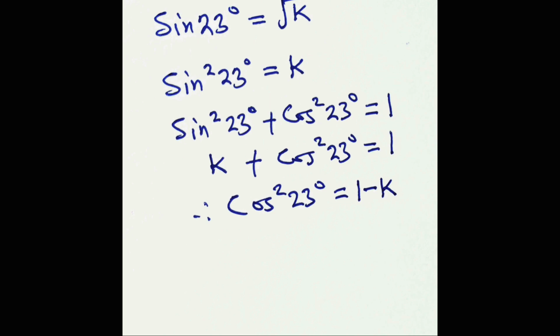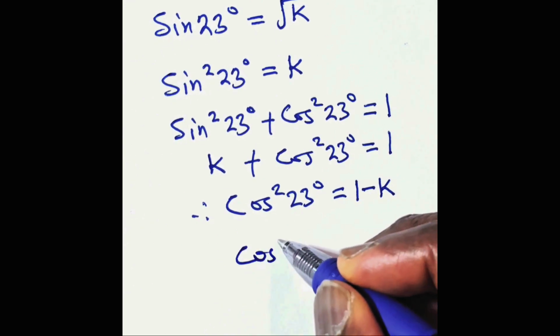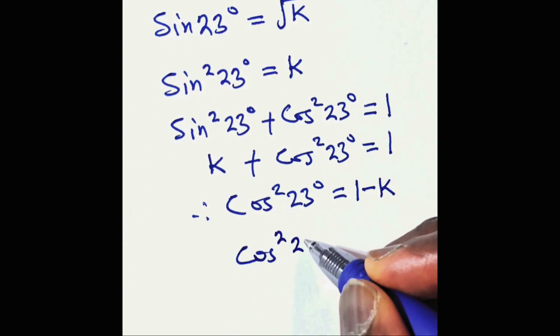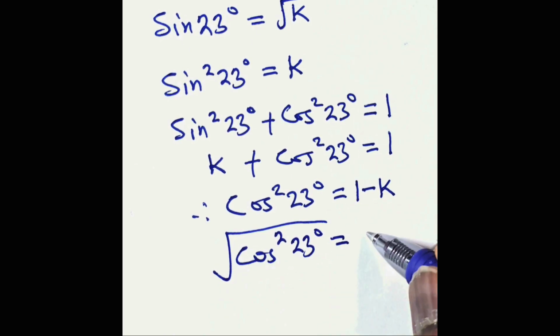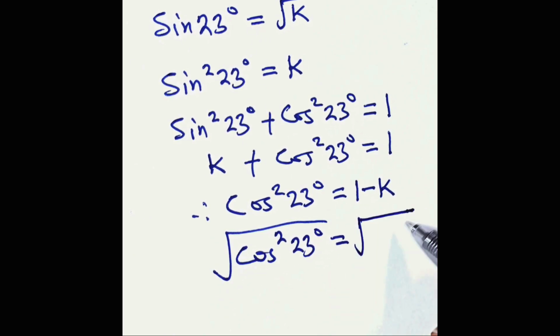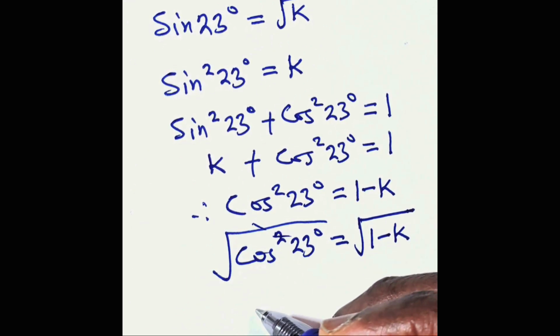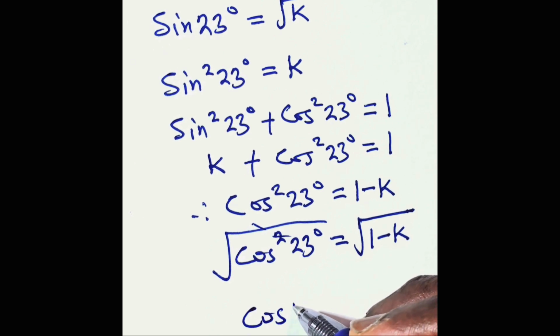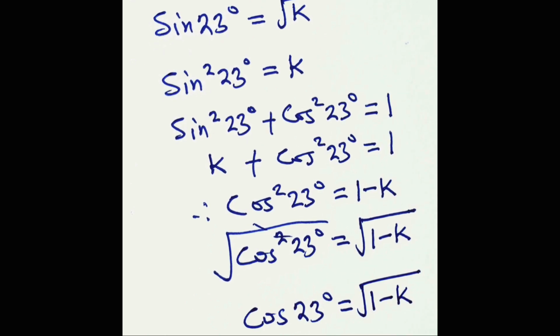In that way, if I take the square root of both sides, cos squared 23 degrees square rooted equals the square root of 1 minus k, and the square root cancels the square. So we're going to have cos 23 degrees equal to the square root of 1 minus k.